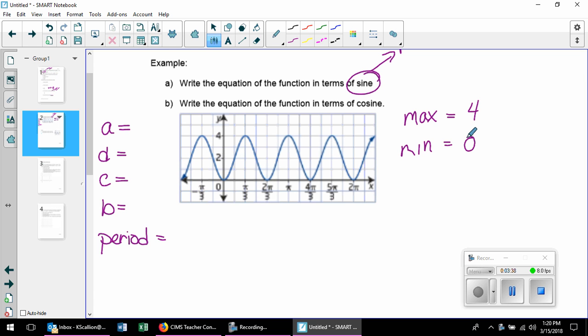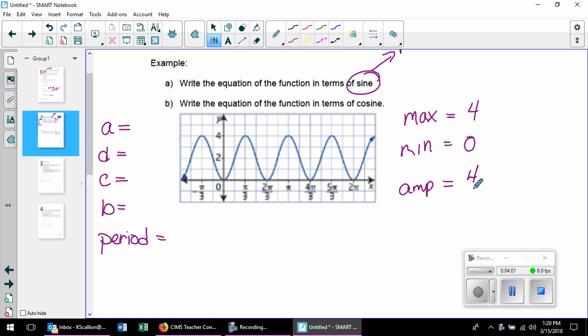So how did I find my amplitude with those 2 pieces of information? Is it add or subtract? So on your very first page. What am I doing with them? Am I adding or subtracting them? Subtract.